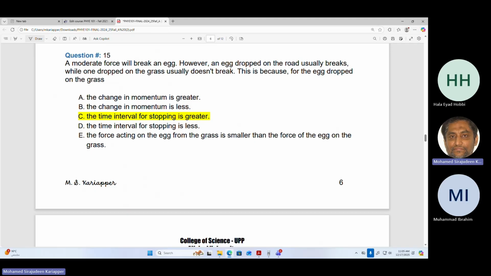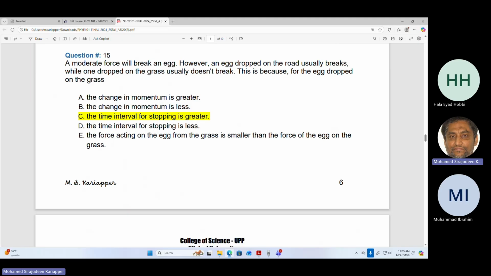Number 15. This is also a nice application statement question. So why doesn't it break on a soft, spongy surface or grass? Because it will take more time to come to zero speed. On a concrete floor, it will come to zero immediately, in a very short fraction of a second.